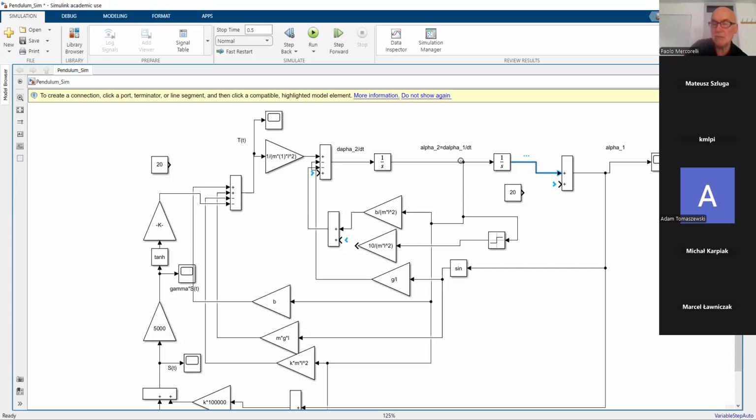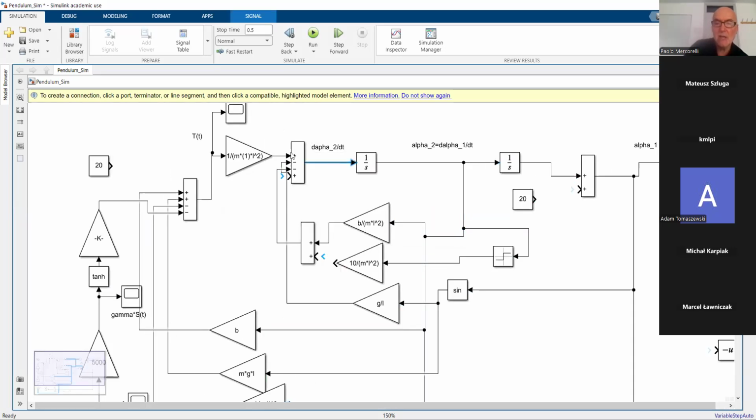Position, angular velocity, angular acceleration. What we have here is basically the feedback of the component of the gravitational torque. We can see, you remember, G divided L, because of the simplification, multiplies sine of alpha 1.